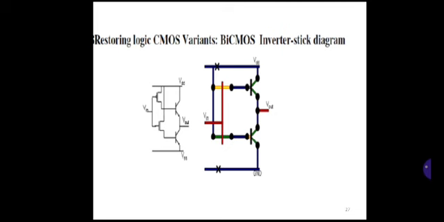One transistor is connected to VDD, another transistor is connected to the ground. So this is a BiCMOS inverter circuit.